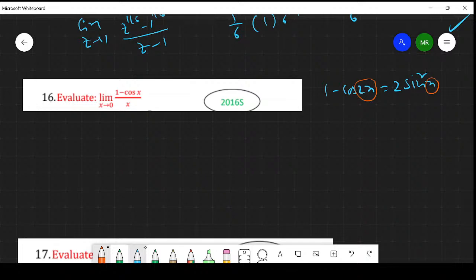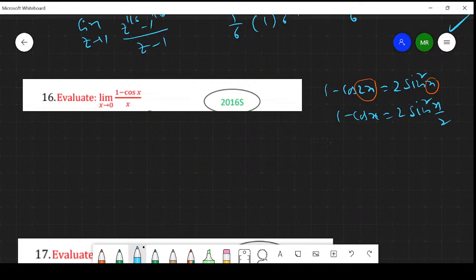So similarly, 1 minus cos x will be 2 sin square (x by 2), because half of 2x means x by 2. This is the formula.